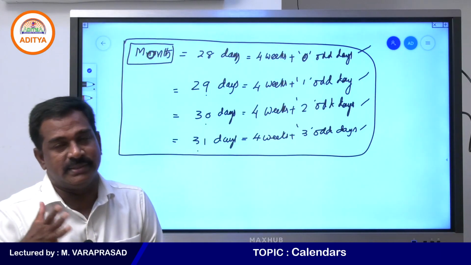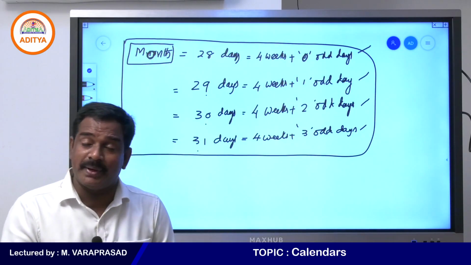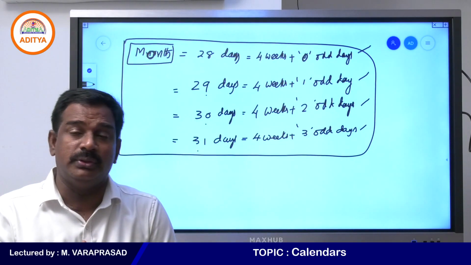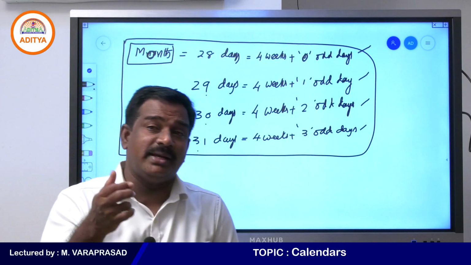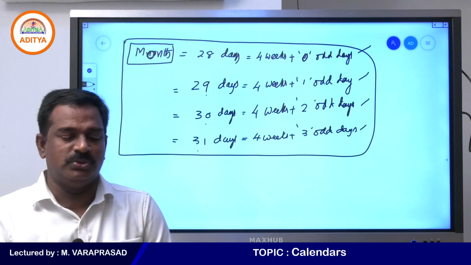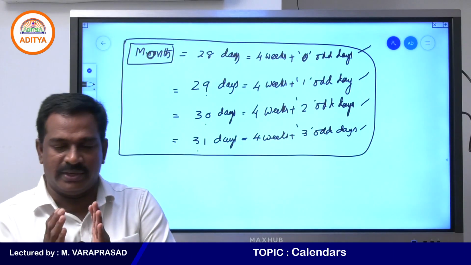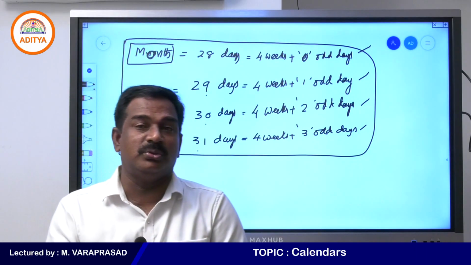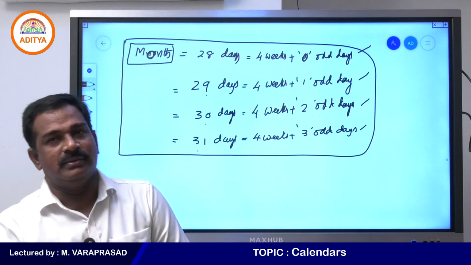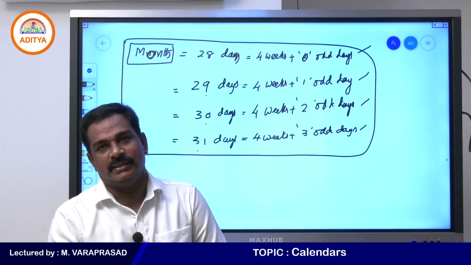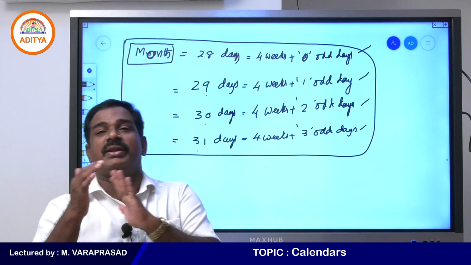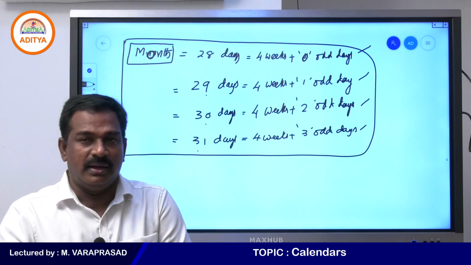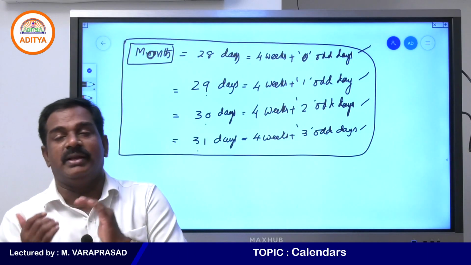March 31 days, April 30 days, May 31 days, June 30 days, July 31 days, August also 31 days, so July and August continuously get 31 and 31. September 30 days, October 31 days, November 30 days, December 31 days, January also 31 days. See, July and August are 31, and again December and January are 31.